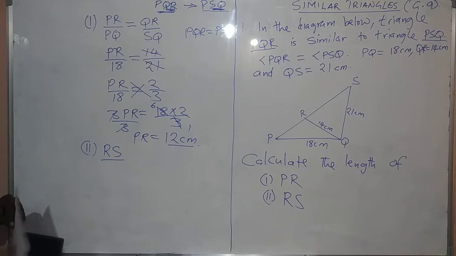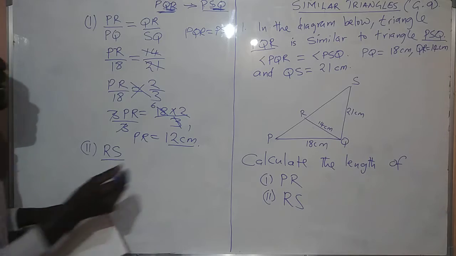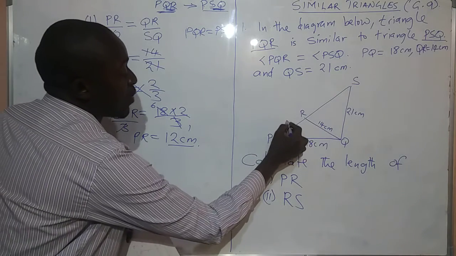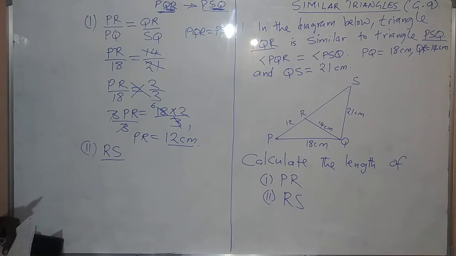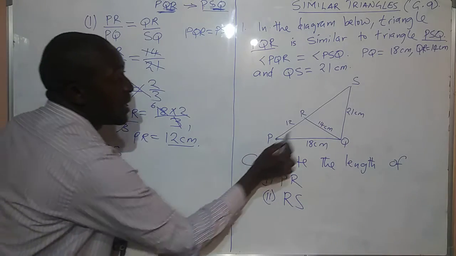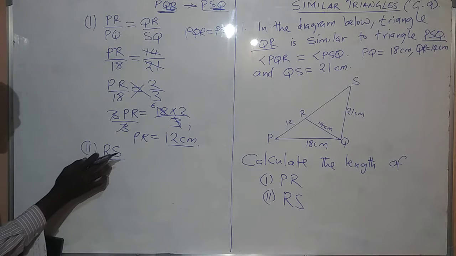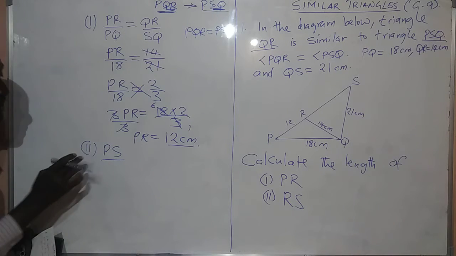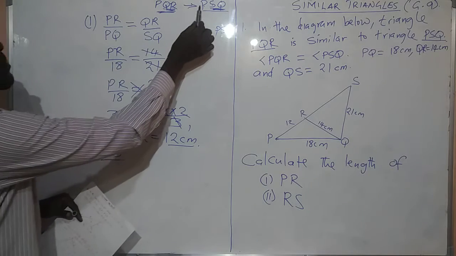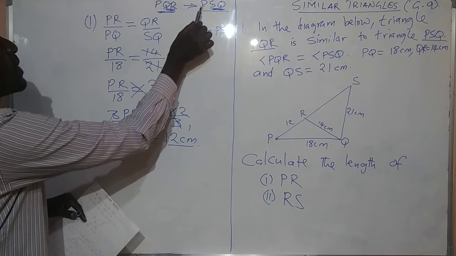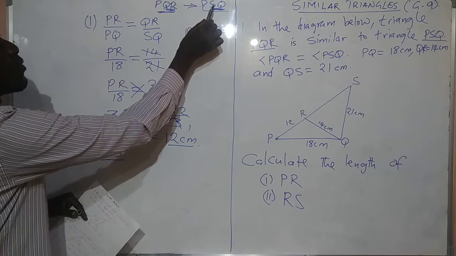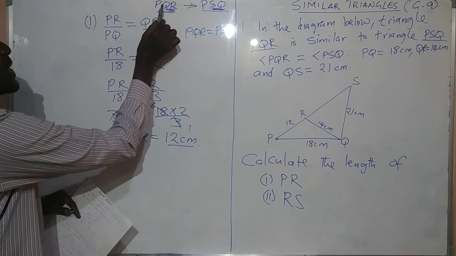So what we are going to do now is, since we found PR, it's 12 here, we find PS, the whole line PS. And then when we find PS, we can find RS. So on the formula, we have PS over PQ, the first letter and the second one, divided by the first letter and the second one.